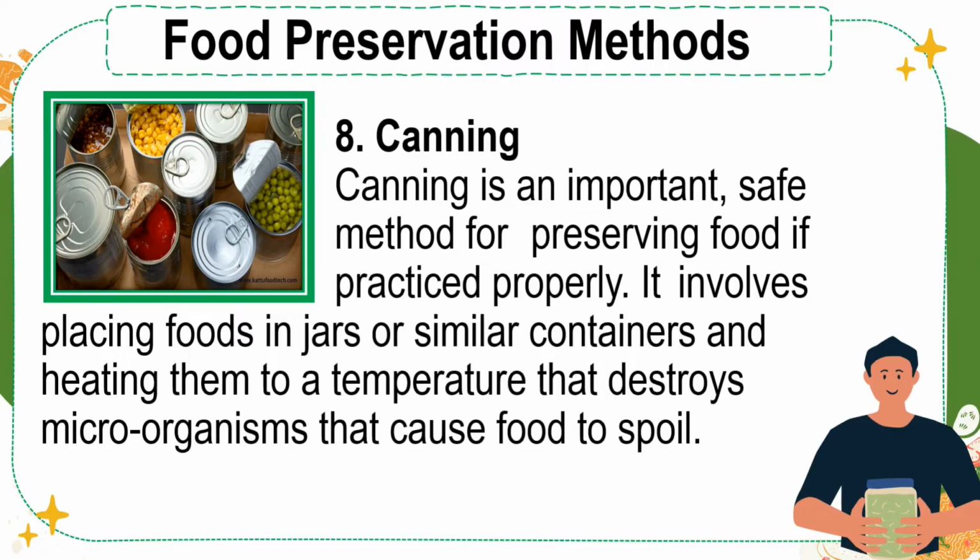Next, we have canning. Canning is an important, safe method for preserving food if practiced properly. It involves placing foods in jars or similar containers and heating them to a temperature that destroys microorganisms that cause food to spoil.